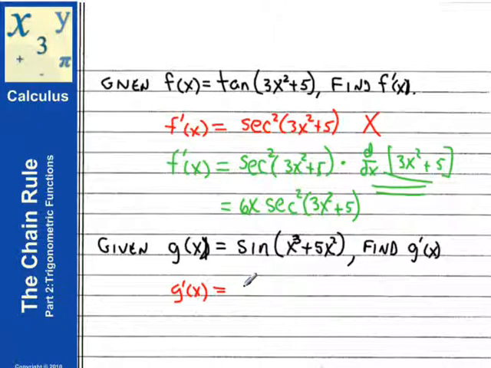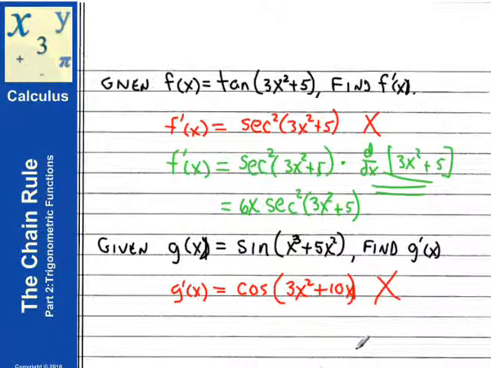Well, the derivative of the sine function is cosine, and the derivative of the inside, let's see, the derivative of x cubed is 3x squared, and the derivative of 5x squared, of course, is 10x. Well, the components that we need are here, but we've done things in the wrong order. Remember, we don't replace the inside with the derivative, we multiply on the outside with the derivative.